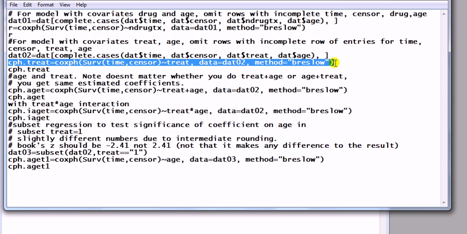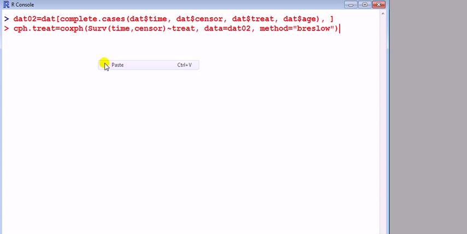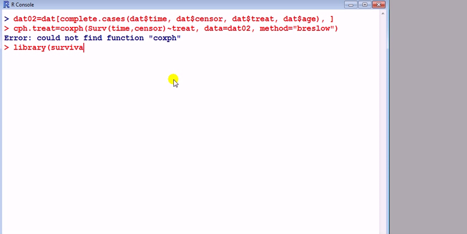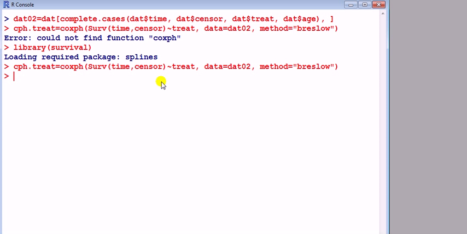And then we'll run the first model, the Cox PH model where we have treat. Oops, that's because I didn't do survival. This is something I keep forgetting. Library survival. Okay, up arrow, rerun it.